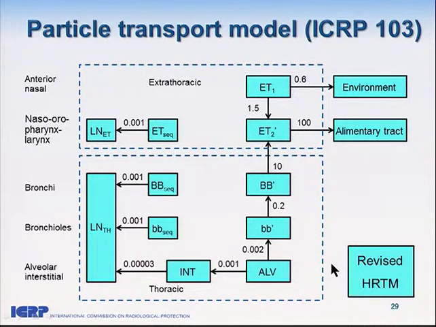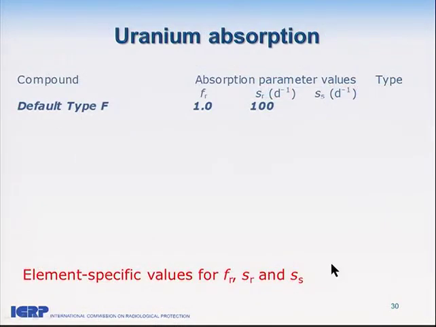We have also made some other adjustments to this model on the absorption to the blood. You know, the absorption to the blood in the human respiratory tract model is given by type of absorption. We have defined 3 types of absorption, which describe the absorption of the element to the blood: a fast dissolution, medium dissolution, and very slow dissolution.